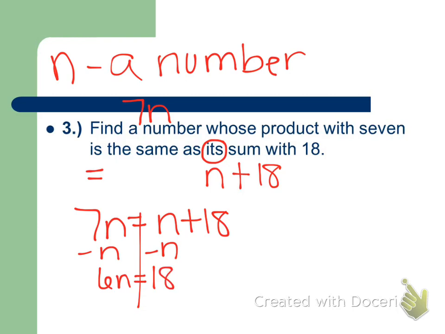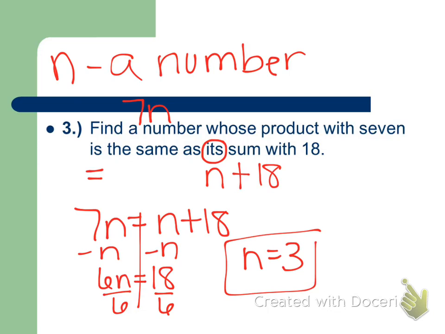And the last step? Very good. We get N equals 3. Wonderful. All right, what questions do we have about number 3? You ready to take it up a notch?